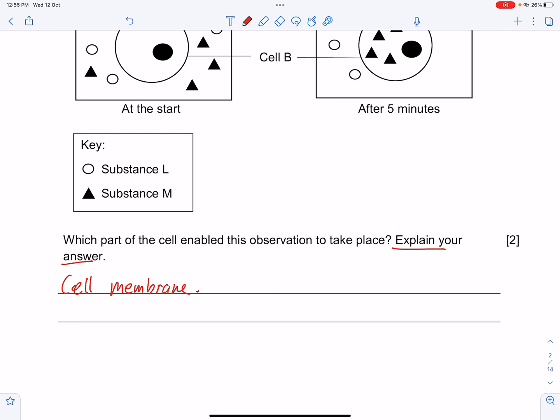However, that's not the best possible answer because the keyword to be used here should be control. The word allow is as if it's not selective. So your cell membrane is powerful enough to be selective. So the word control should be there.